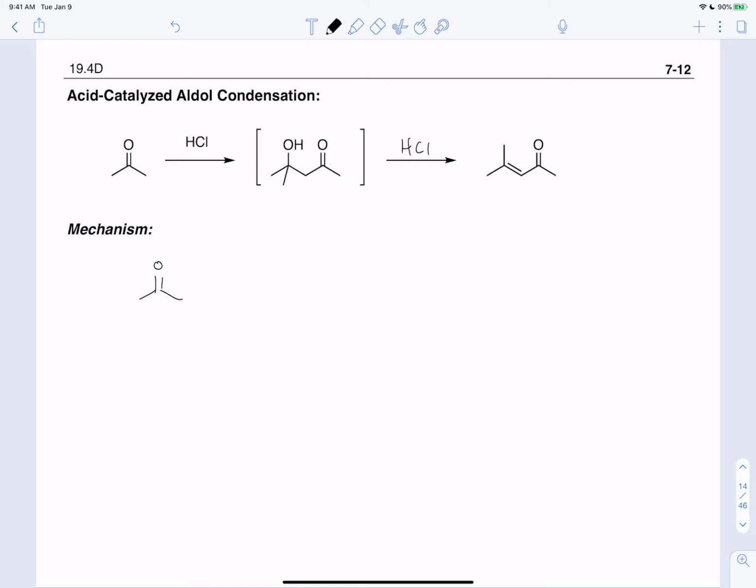So in this case, we're going to have acid catalysis. I'm just going to say H+. We're going to do the same protonation of the carbonyl to make this alpha hydrogen very acidic. Water will then act as the base to make our nucleophilic enol form.